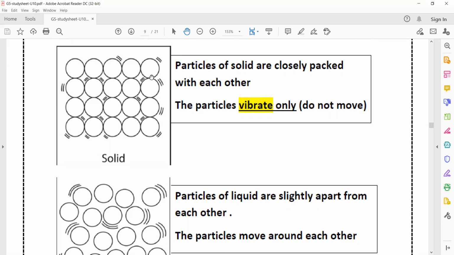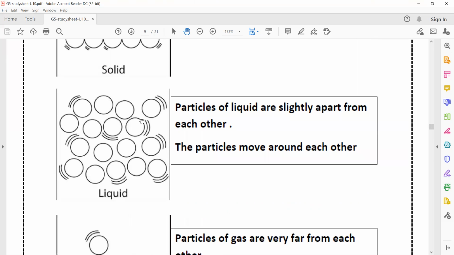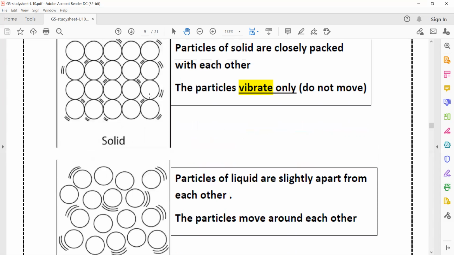The attraction force is very strong in the case of solid states, a little strong in liquid states, so they are a little bit freely movable. They move around each other. In solids the attraction force is so strong, so they do not move. They are not freely movable.